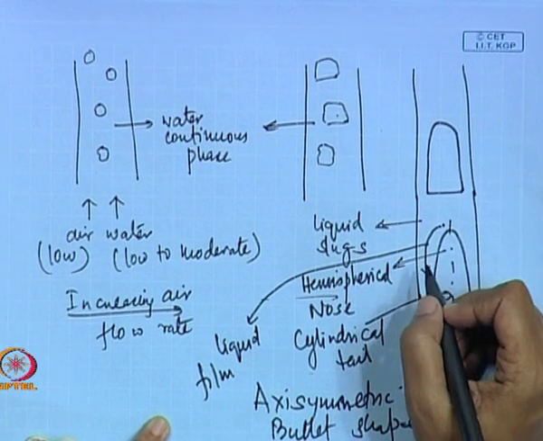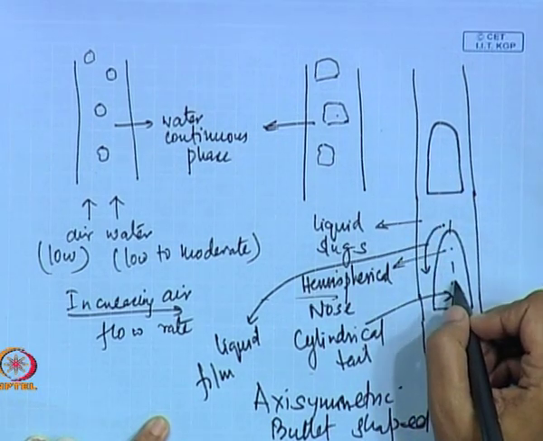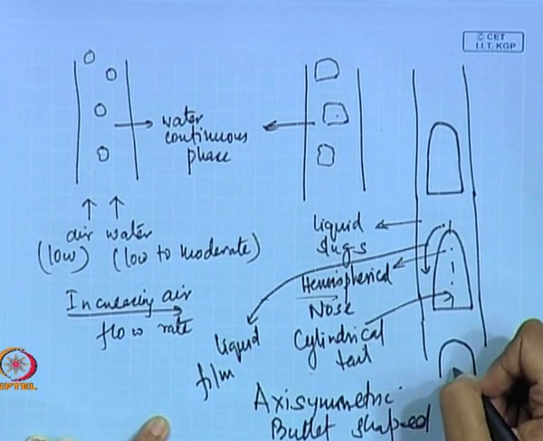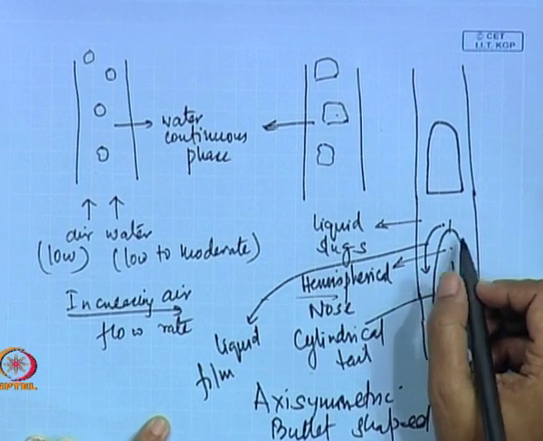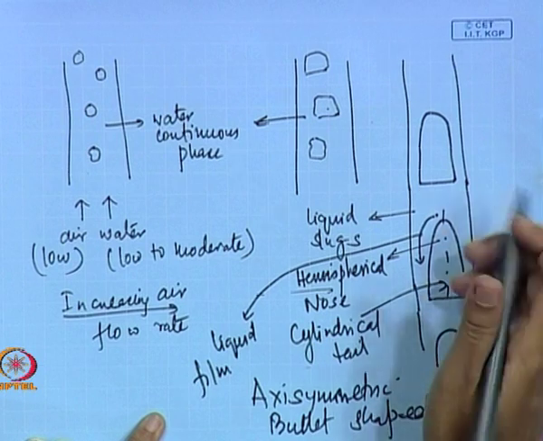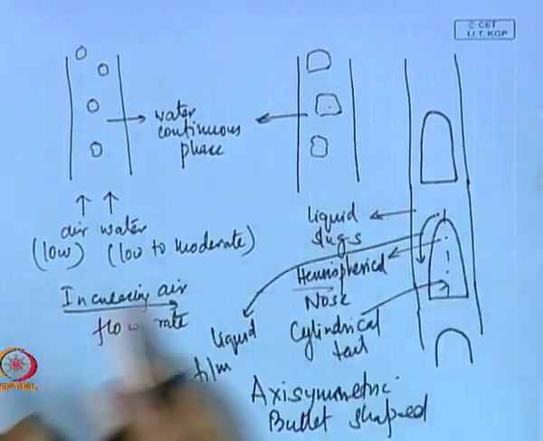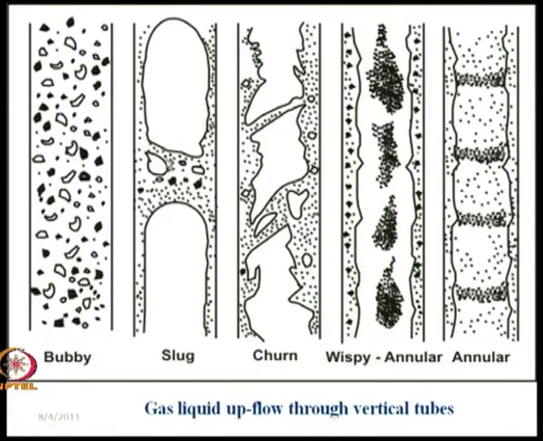So, here we find a number of things. First, there are bullet shaped bubbles which translate periodically through the continuous liquid slug. In this particular liquid slug there can be bubbles as shown in this figure, or they might not be aerated at all. The liquid slugs may be aerated, or they may not be aerated.